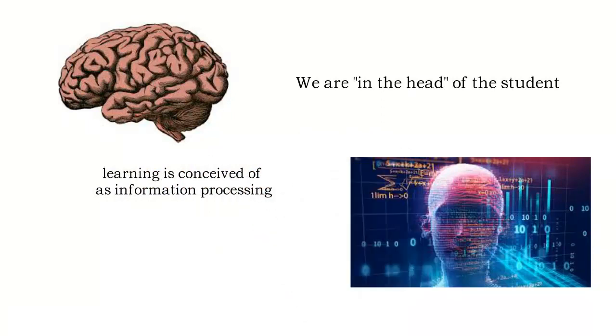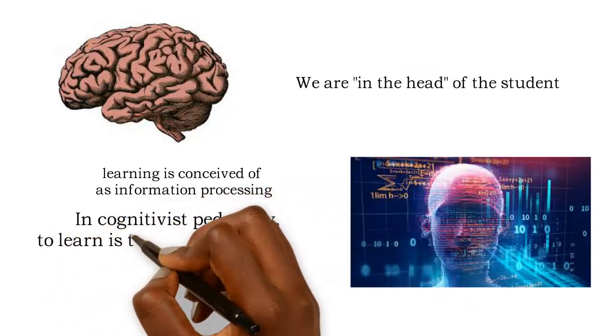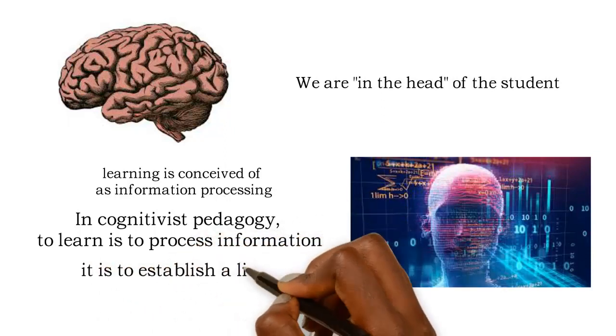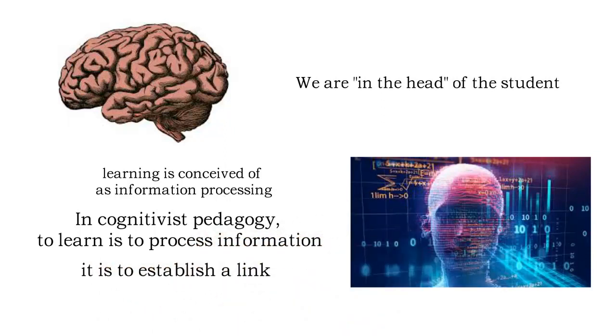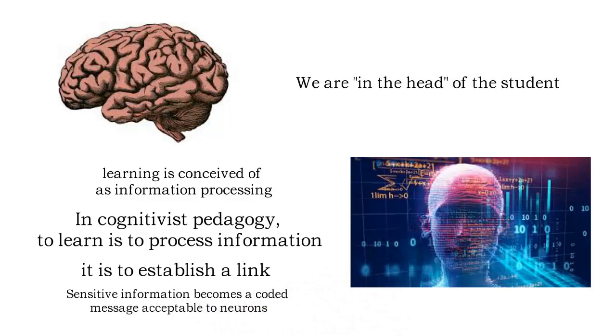All information requires processing. In cognitivist pedagogy, to learn is to process information. It is to establish a link, to make connections. Sensitive information becomes a coded message acceptable to the neurons, that is, electrical signals.